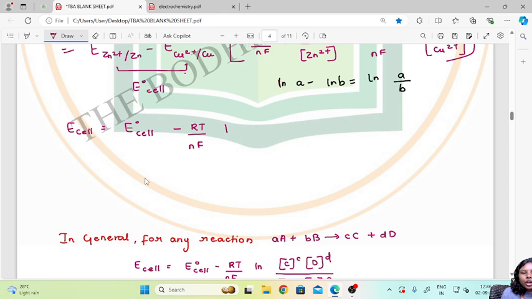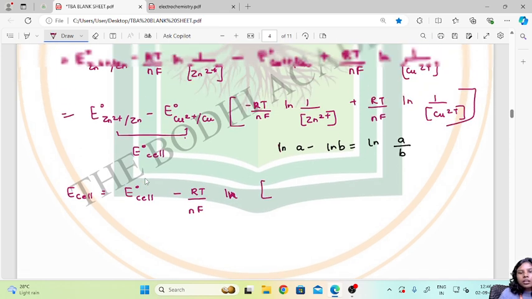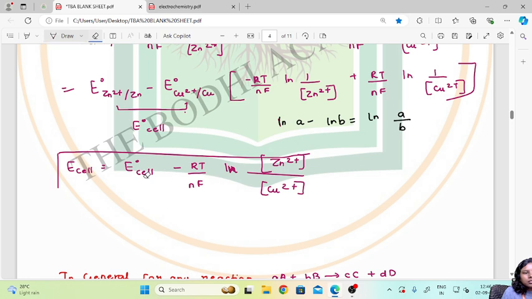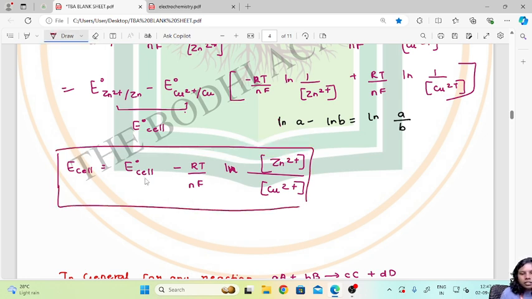So E cell will be equal to E naught cell minus RT/nF ln of the product, Zn2+ upon Cu2+. So this will become our Nernst equation for Daniell cell.